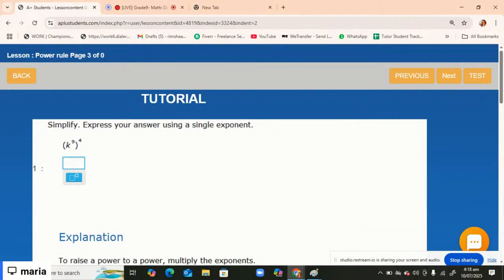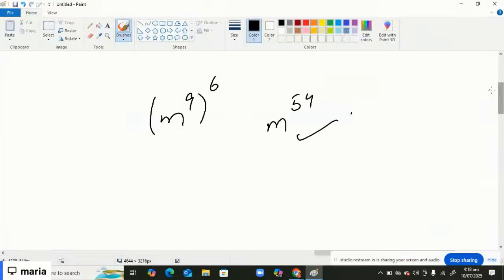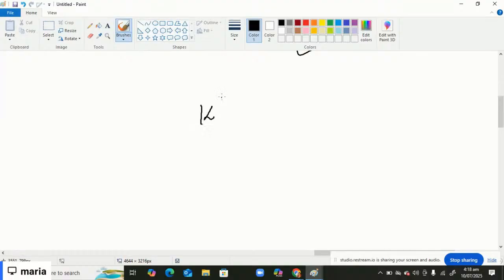So simplify and express your answer using a single exponent. This is k power 9 and then raised to the power of 4. So how can we solve this one? Look at here. If I write it this way, k to the power of 2, and here I write the number 3 outside of this.